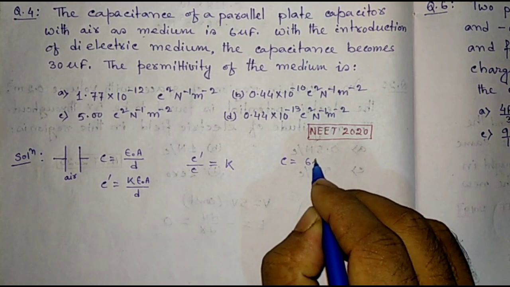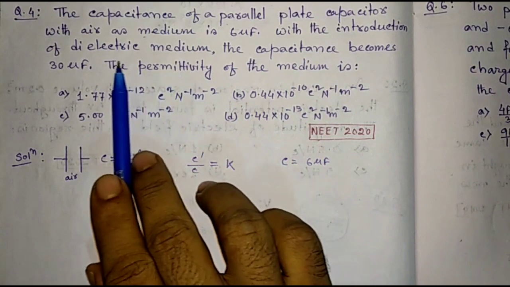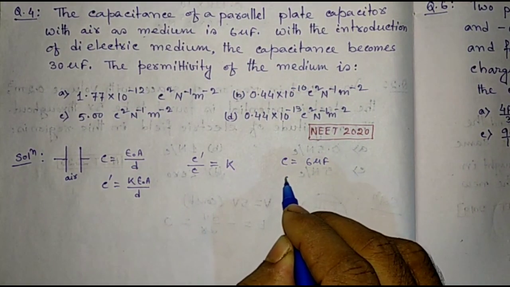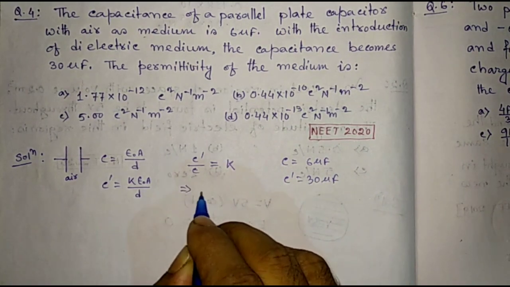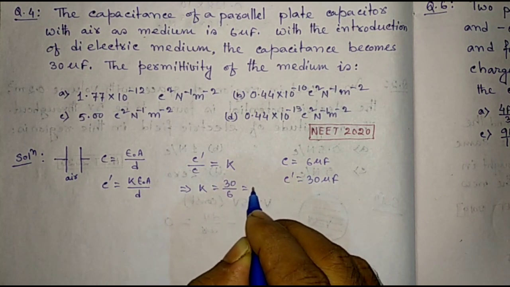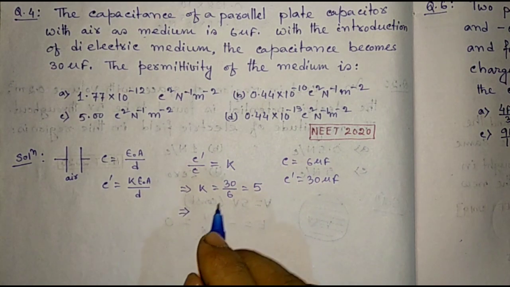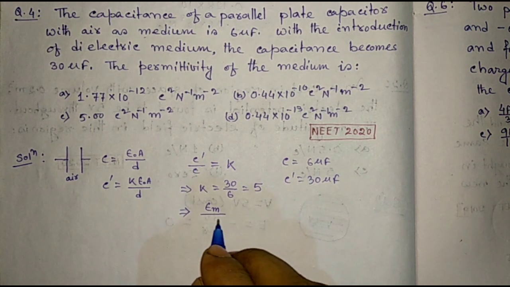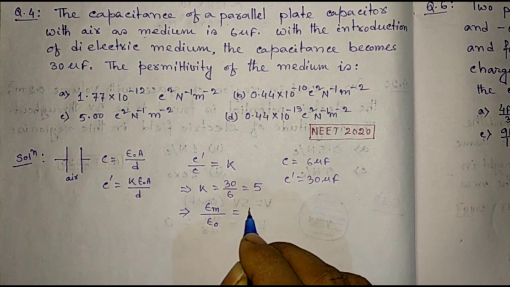It is 6 microfarad, and when the dielectric medium is introduced, then the capacitance C dash is equals to 30 microfarad. Now K is equals to 30 by 6, it is 5. Now we know dielectric constant K is the permittivity of the medium to the permittivity of the free space, it is equals to 5.